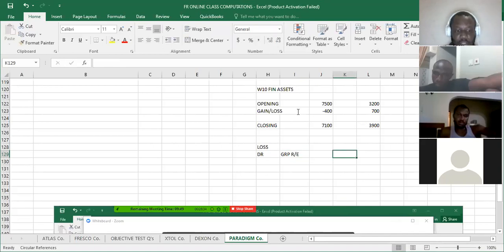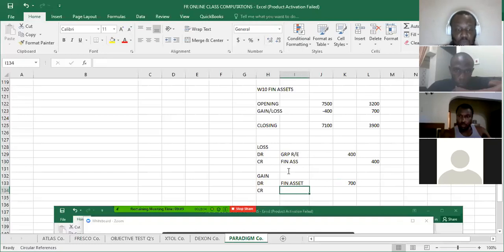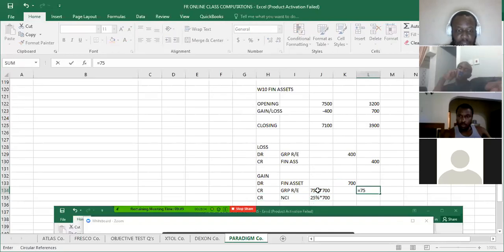Yep, 400. And then we'll reduce our, so to parent, 75%. 700.